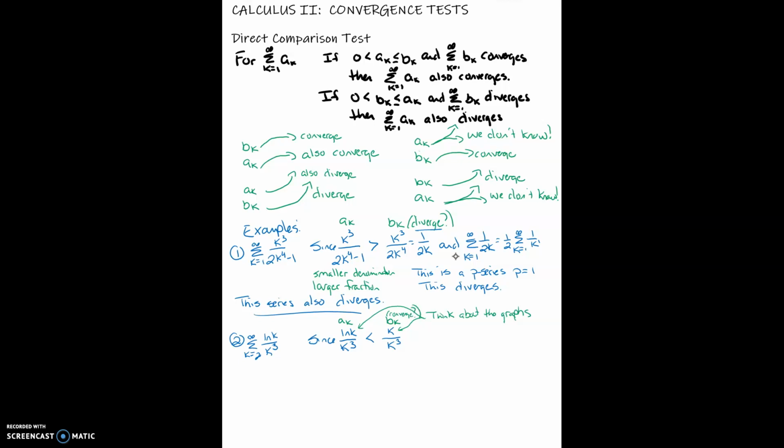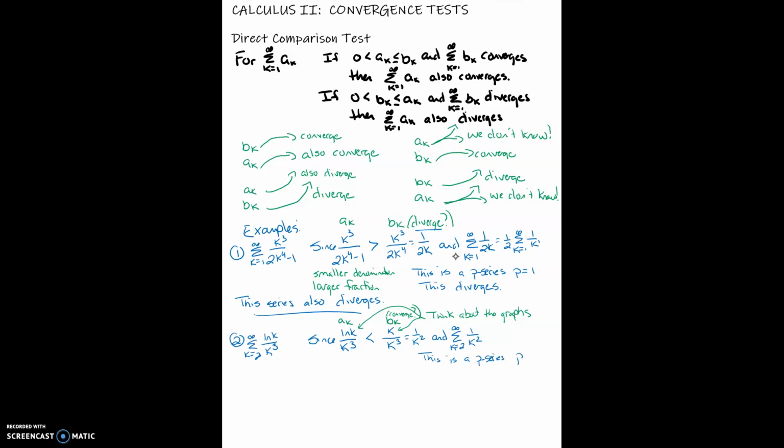Let's take a look. We can reduce this to 1 over k squared. And now we'll look at that series as k goes from 2 to infinity. Yes, I'm leaving that 2 as the beginning of my summation. And I'm now going to look at the b sub k's, 1 over k squared. Well, again, if we look at this, it's easy to tell that this is a p-series.